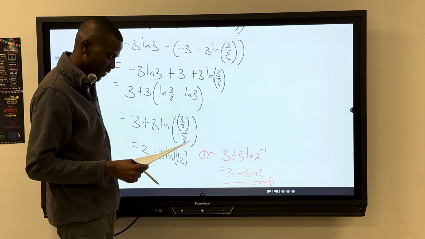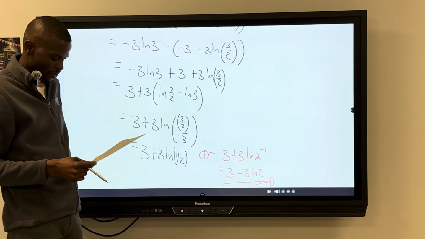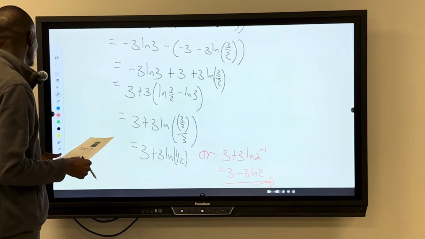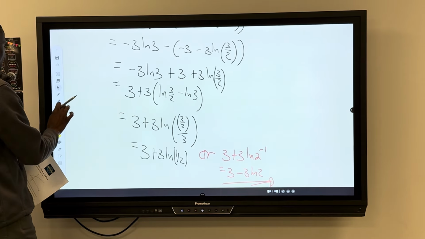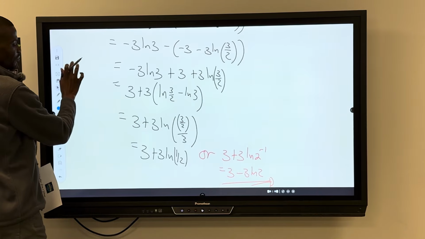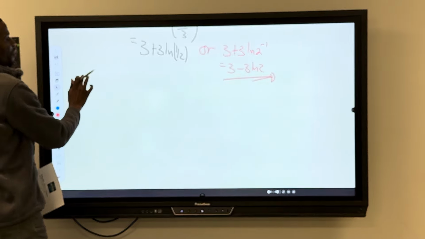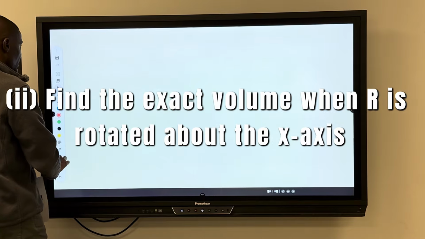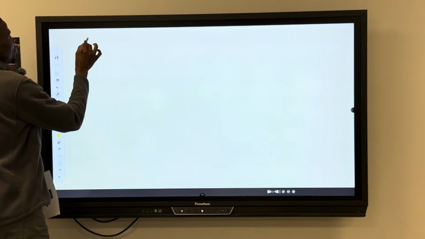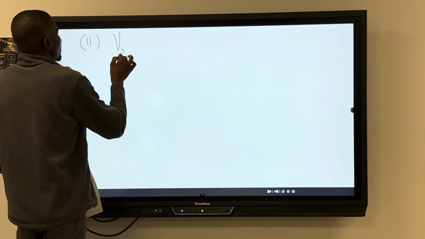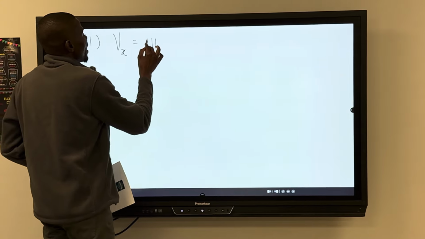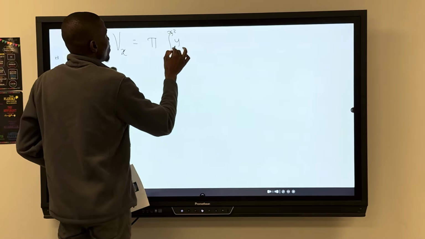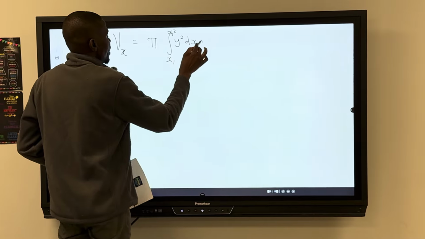Right under the curve. So now on item 2, we need to find the volume, right? So to find the volume, it is going to be pi times the integral from x1 to x2 of y squared dx.